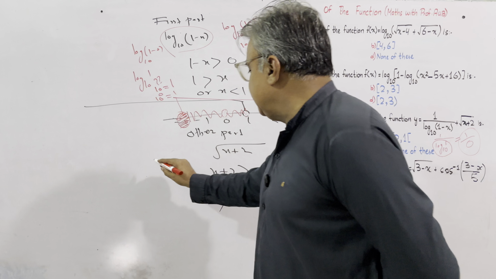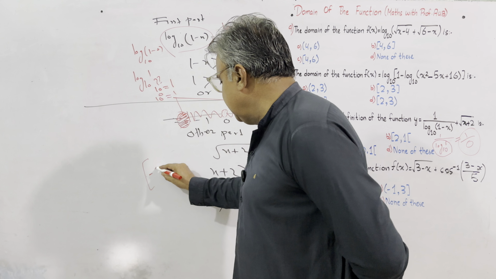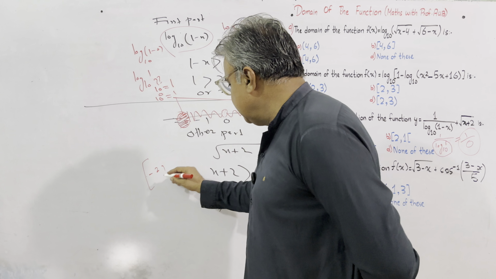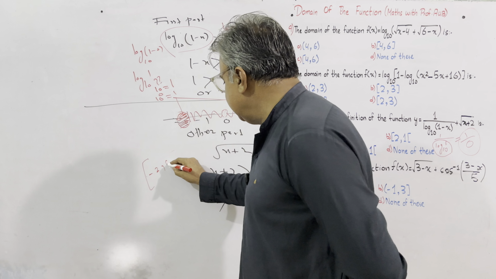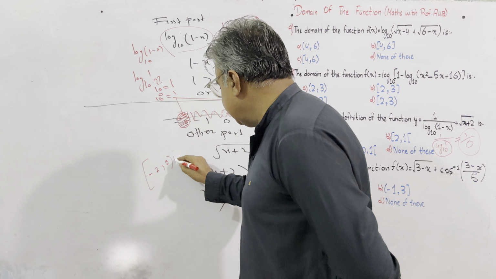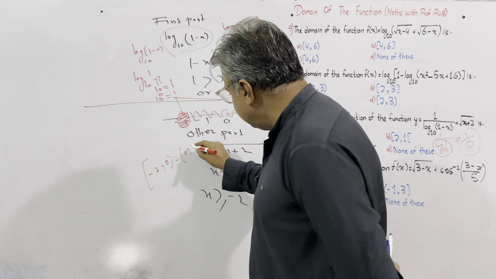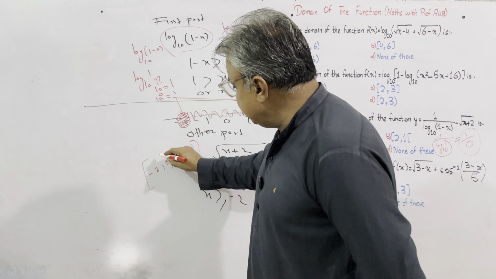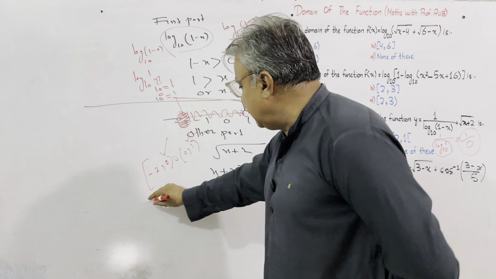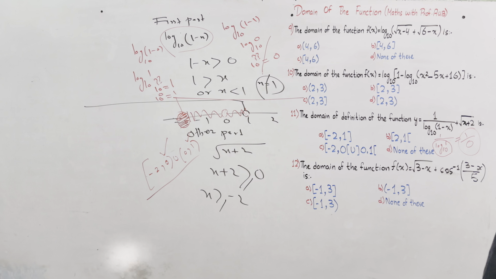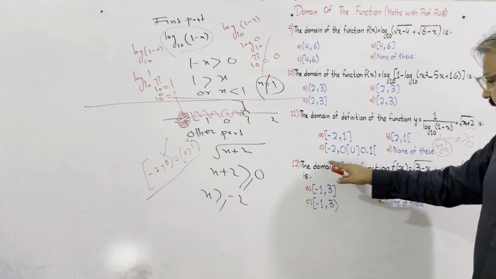Let me write it in that fashion. Minus 2 is included, the semi-closed interval. 0 is excluded. Write union 0 to 1, where 1 is also discarded, an open interval. It means that neither 0 nor 1 is part of our domain. So our interval is this one.